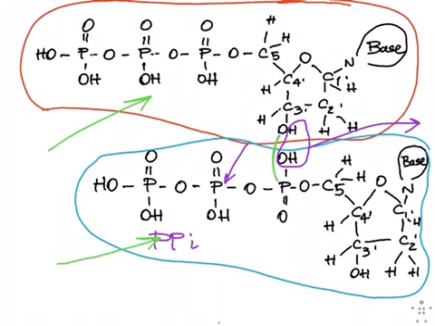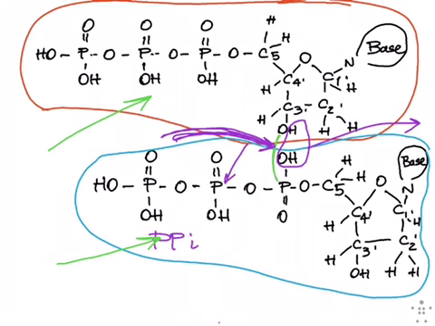I'm going to be using the purple marker. We will be explaining the new ester bond formation. As you can see, I'm using this big purple arrow right here, and the green represents the ester bond formation between one nucleotide and the other.